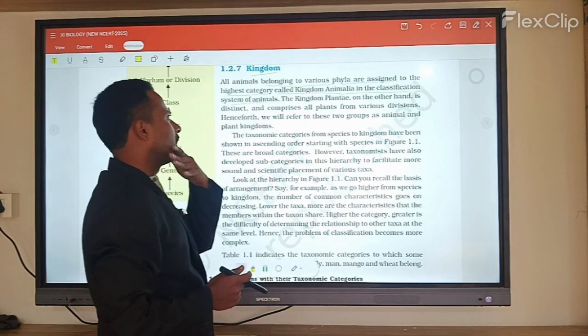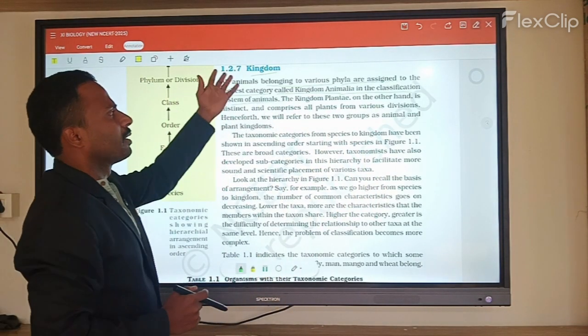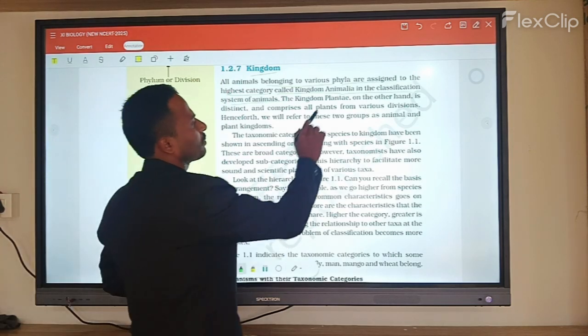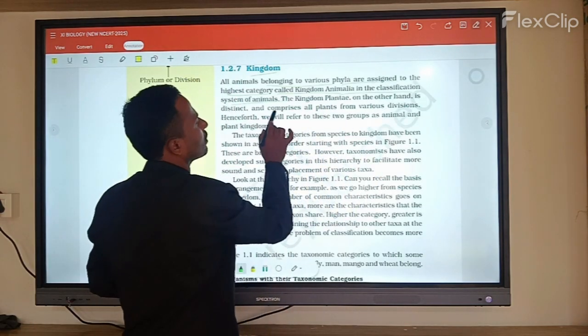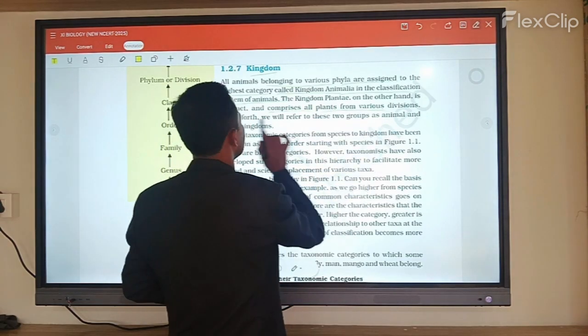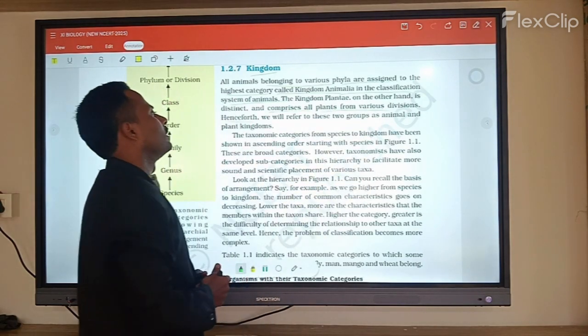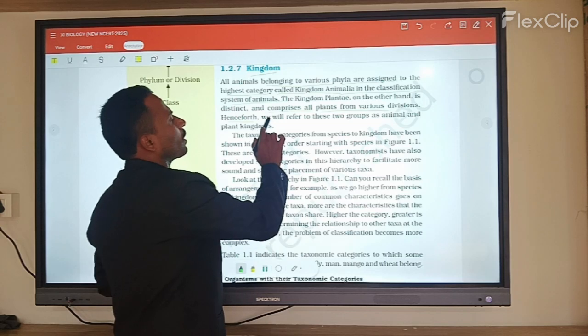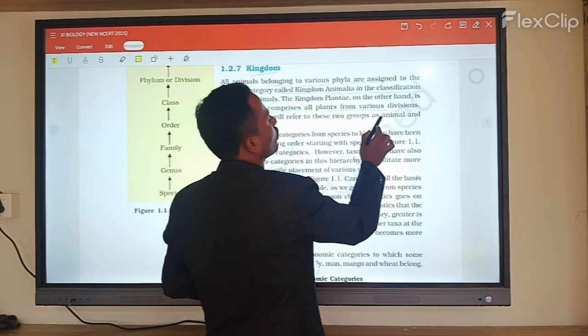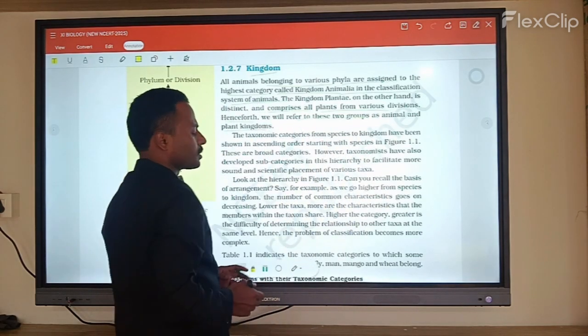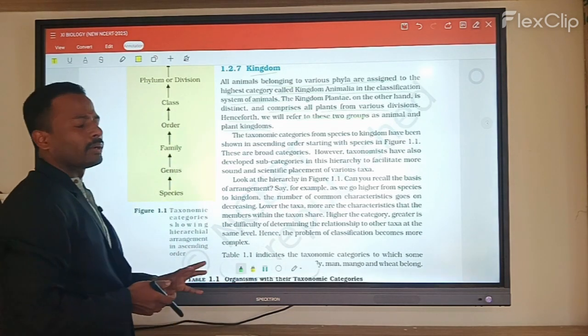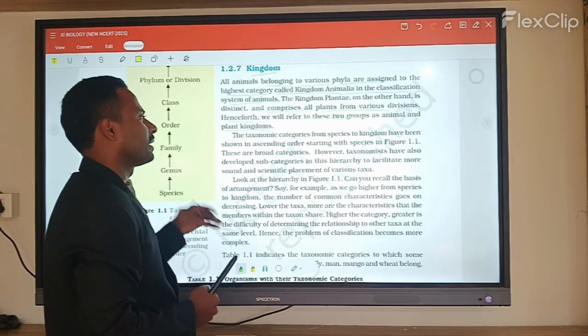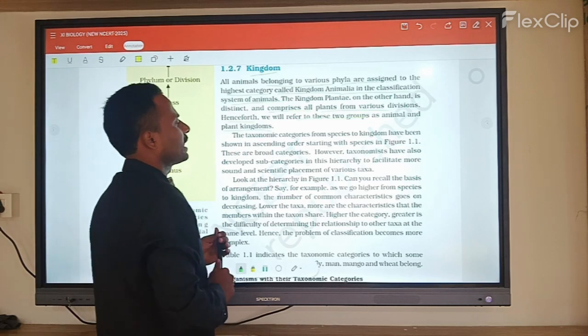So all plants and animals we keep under the kingdom only. The kingdom Plantae, on the other hand, comprises all plants of various divisions. Henceforth we will refer to these as the two groups, the animal and plant kingdoms. So we mostly have two kinds of kingdoms present, that is the plant kingdom and the animal kingdom.